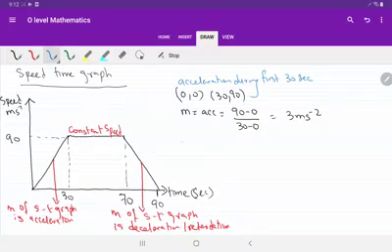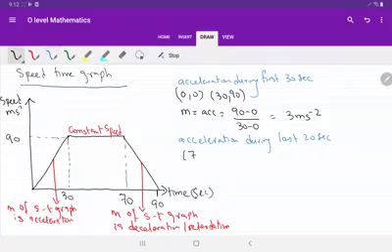If we are told to find the acceleration during the last 20 seconds, then it will be 70, 90 and 90, 0.